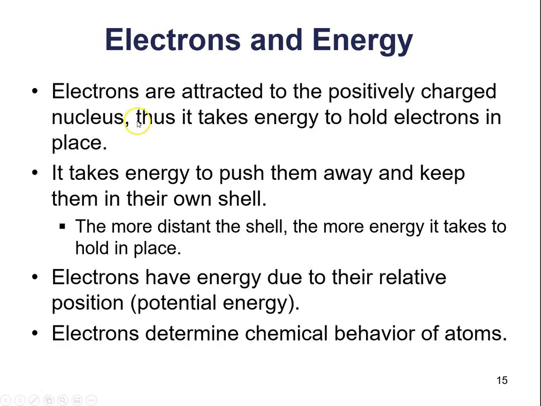They're attracted to the positively charged nucleus. Because they're negatively charged, you have this attraction that takes place, and it takes energy to hold those electrons in place. So there's energy within that atom between the central nucleus and the electrons in those shells around the outside.